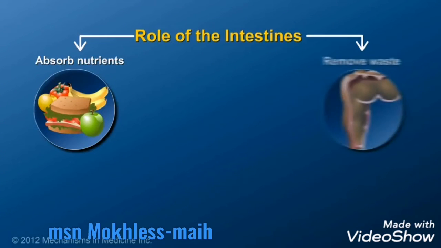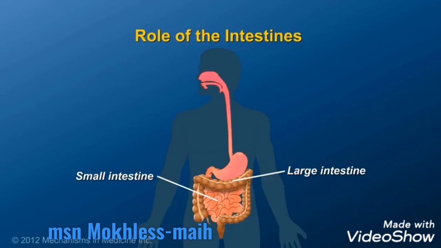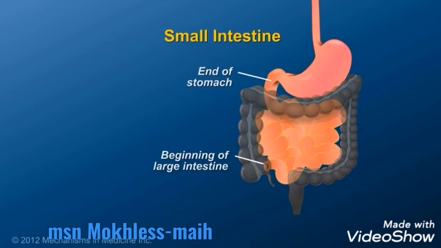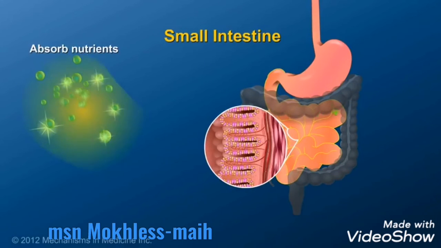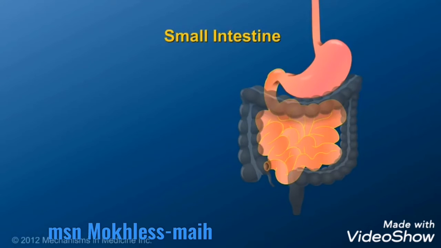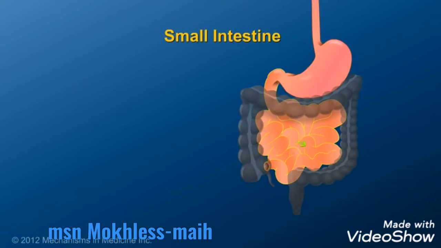The role of the intestine is absorption of nutrition in the small intestine, removal of the waste in the large intestine, and absorption of the water in the large intestine. The small intestine connects with the stomach by the pyloric sphincter or valve. The small intestine contains the duodenum, jejunum, and ileum.